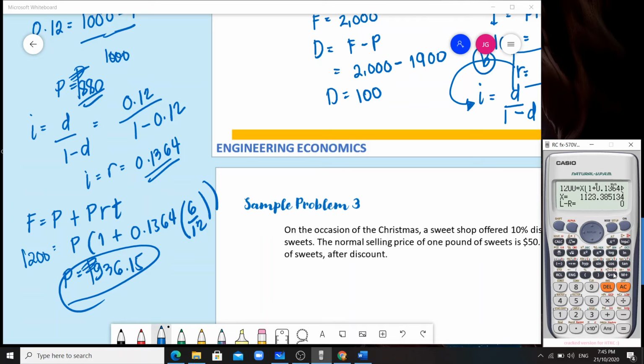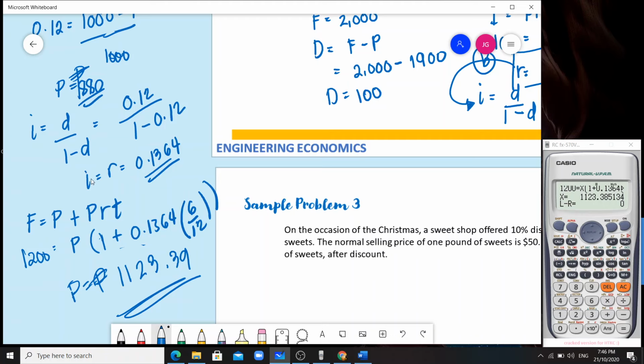Ang sagot is 1,123.39 pesos. Ayan. Yan yung sagot sa pangalawa.